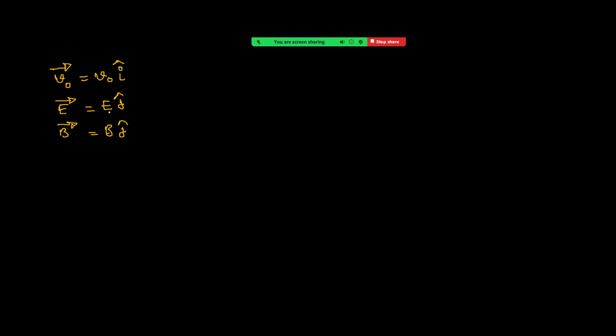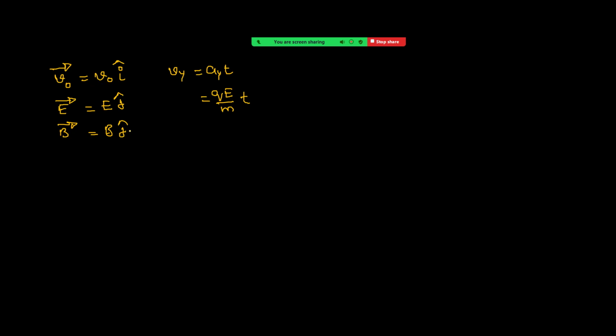But because of the electric field, it gets a velocity component along the y-axis. That means Vy equals Ay times T, where the acceleration is Eq by m, the electric force qE along the y-axis upon mass, times T. This is the y component of velocity because of the electric field, and the other component has no change.